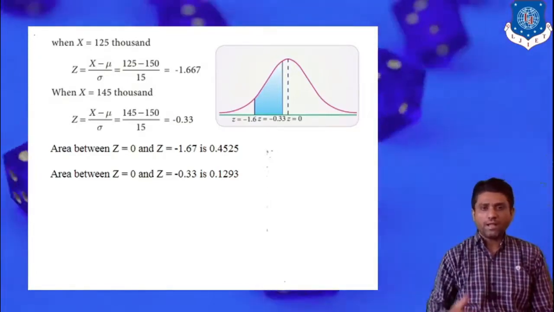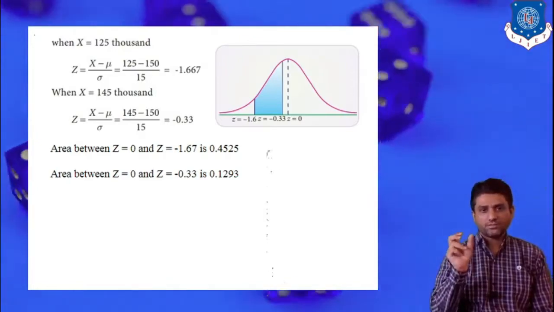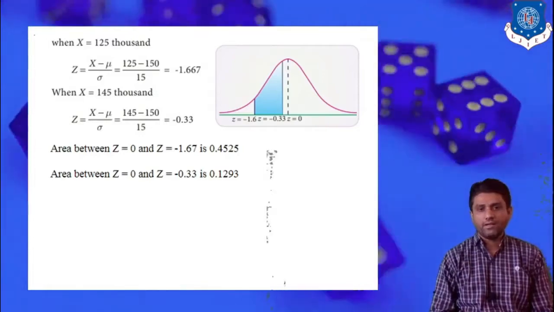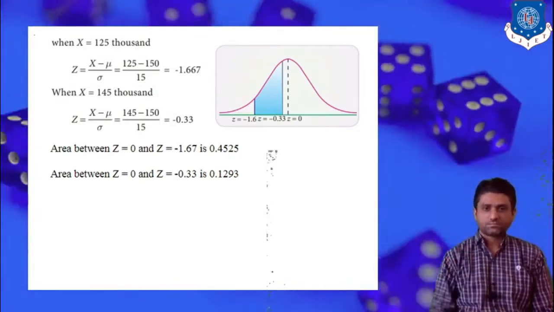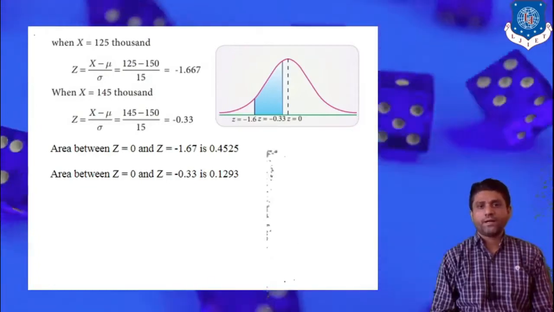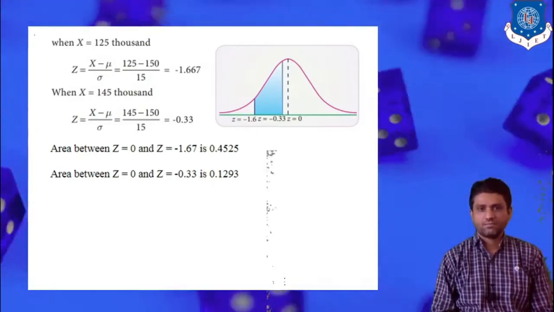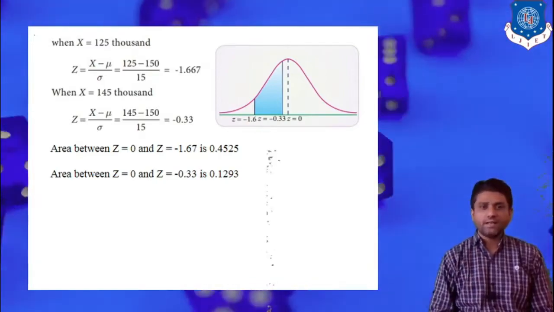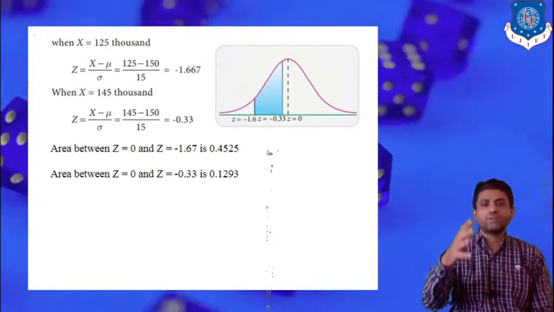So to find the area of this particular shaded region, we find the area of the region from Z equal to 0 to Z equal to negative 0.33. But again we use one of the properties: there is nothing like a negative value in the Z table.